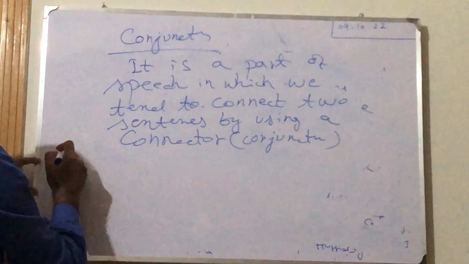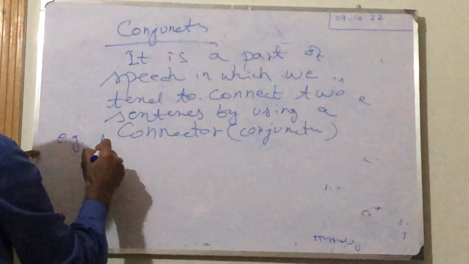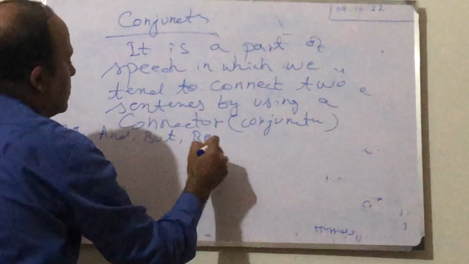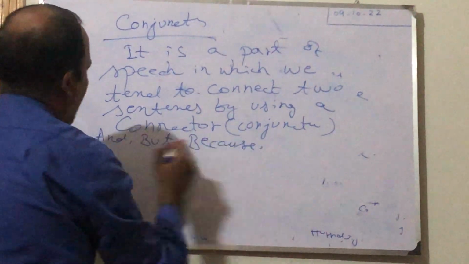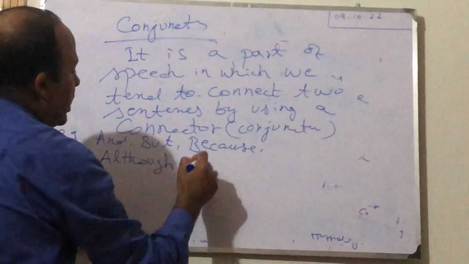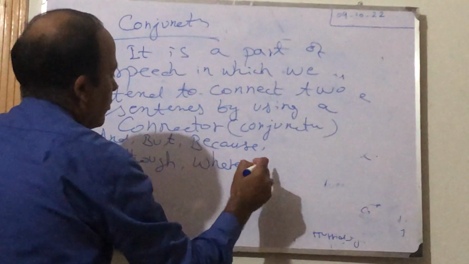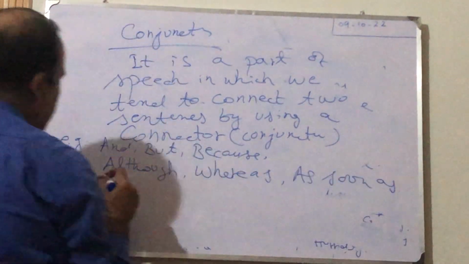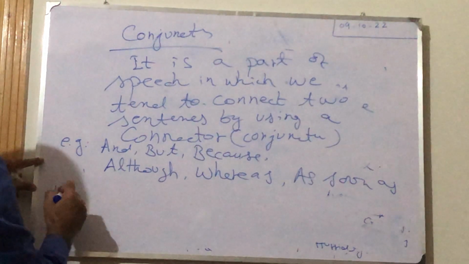Now these conjunctions are so many. I'm going to give you some examples like and, but, because, although, whereas, as soon as, etc. I'll give you just one example.